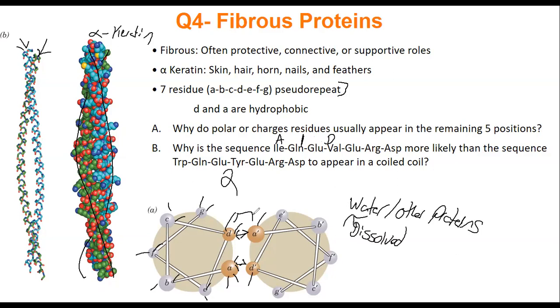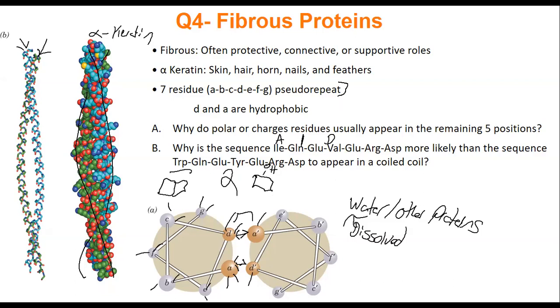So you don't want your hydrophobic regions to be a huge tryptophan, which is a double ring, and a huge tyrosine, which is a ring with an OH. That's going to leave you bigger gaps, and it's going to be harder to force those in. So really, your isoleucine and your valine have more of a chance to come together than your tryptophan and your tyrosine. It all has to do with the size of our amino acids.